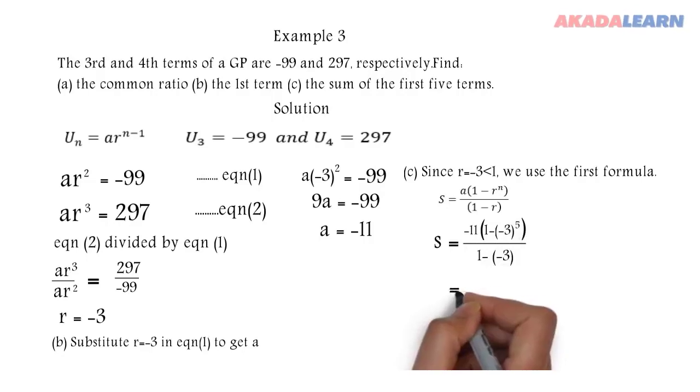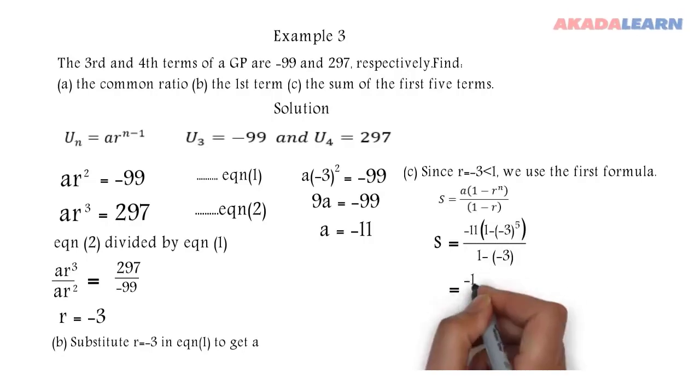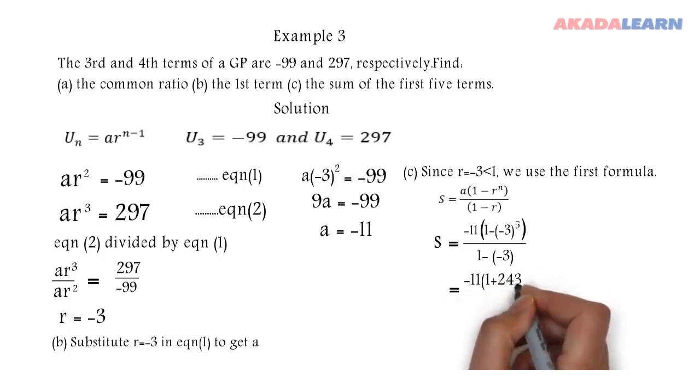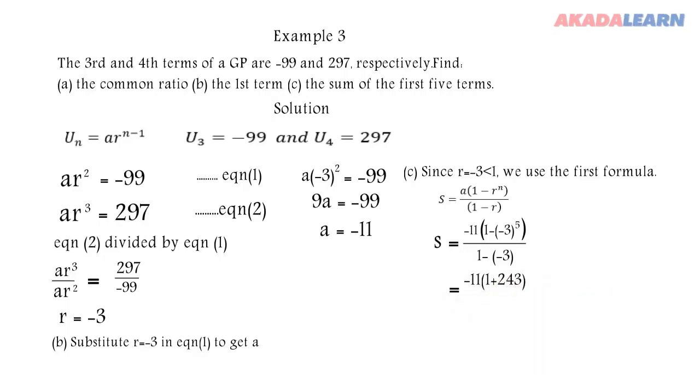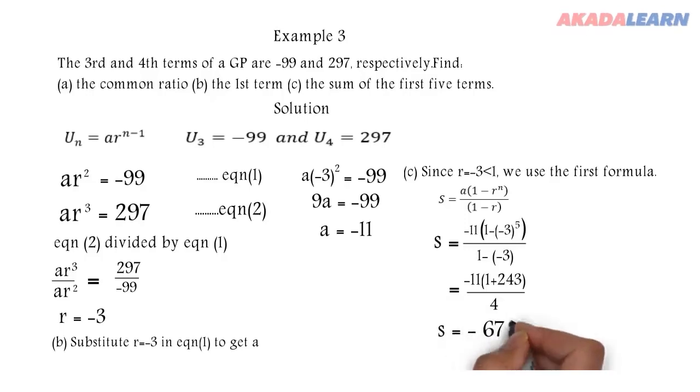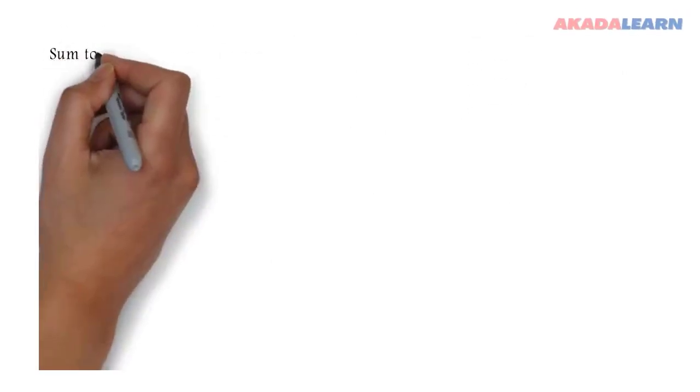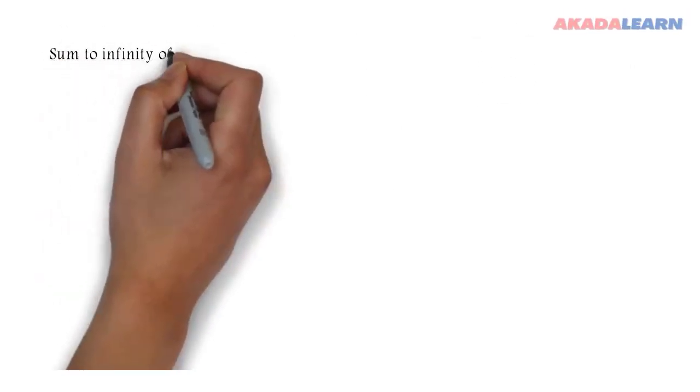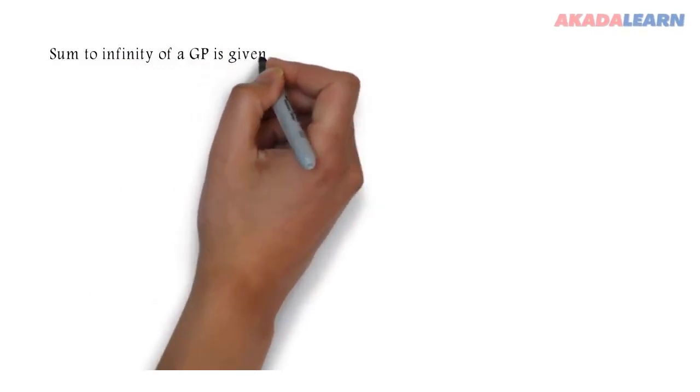So we have -11 times (1 plus 243) all over 4, because minus times minus is plus, so it becomes 1 plus 3, which is 4. So let's simplify the numerator and we divide by 4. We have -671.